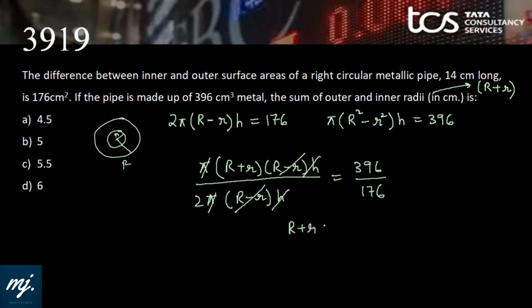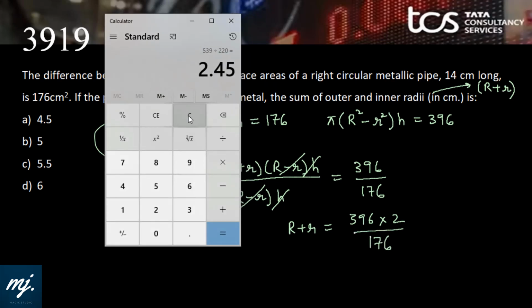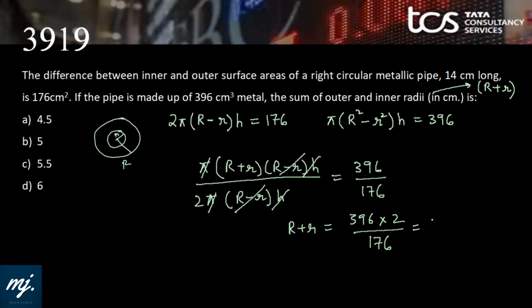Therefore, R + r is 396 × 2 divided by 176, that is 4.5. So the sum of the two radii is 4.5 centimeter, and that is option A.